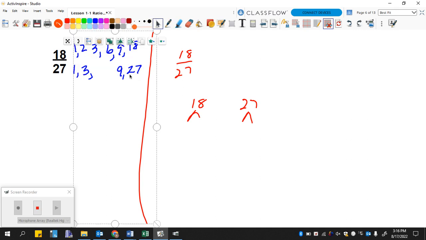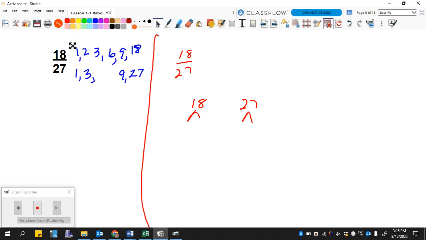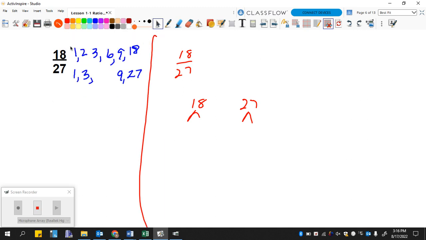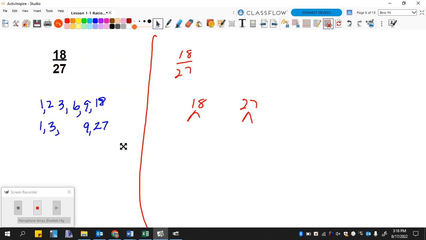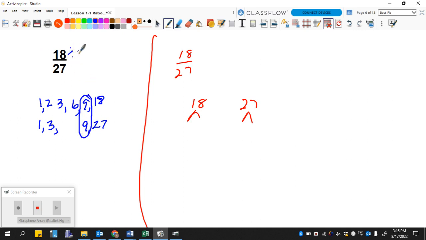Okay, so I'm going to take this and move it down out the way a little bit. So we can see here that the greatest common factor here is going to be 9. All right. So we're going to divide by 9, divided by 9, and we end up with it being 2/3.